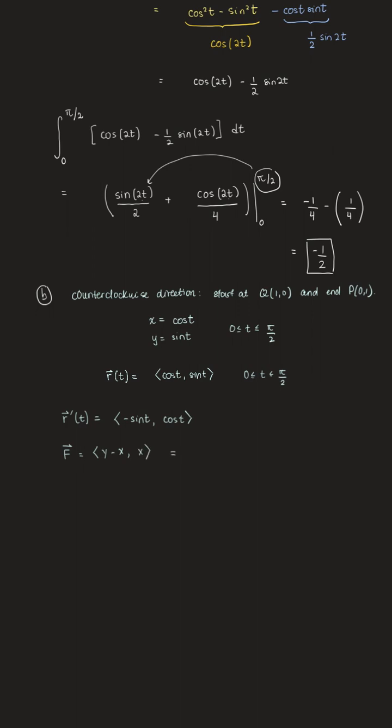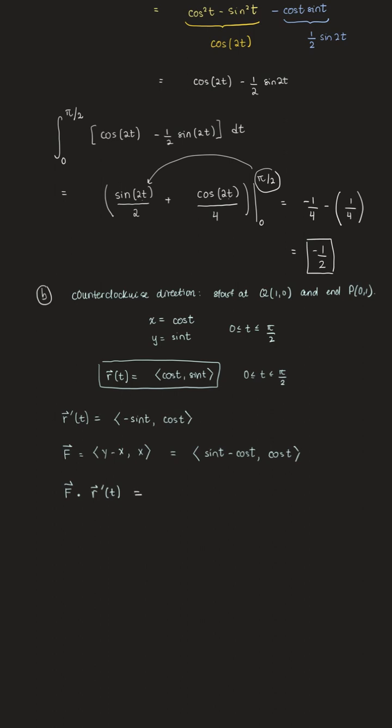So if I use our parametrization r of t here, we're going to have sine t minus cosine t as our first component and cosine t as the second component. And now we're going to do the dot product between our vector field and the velocity of our vector function.